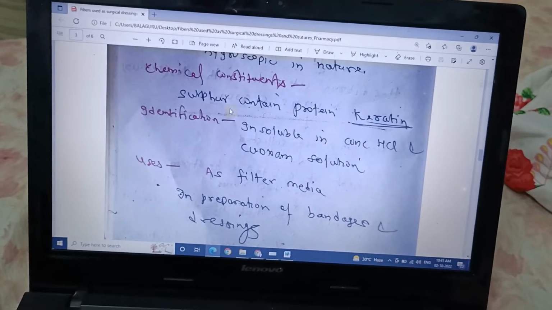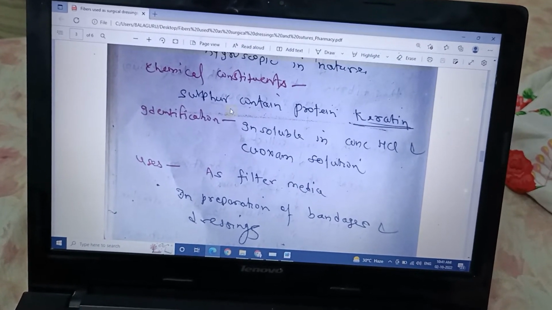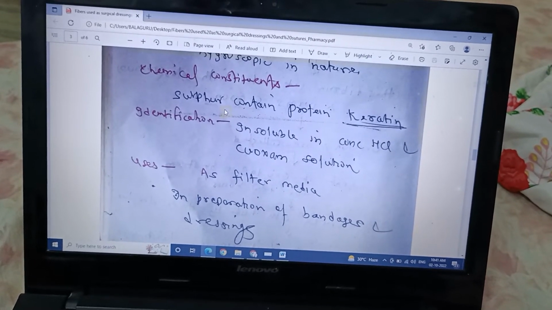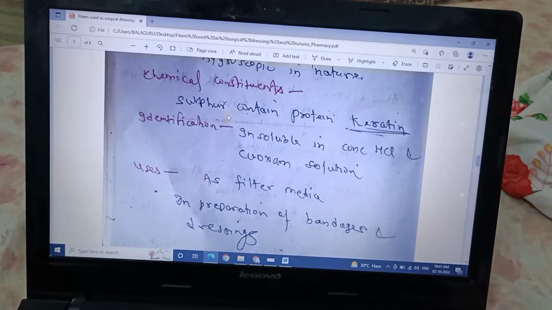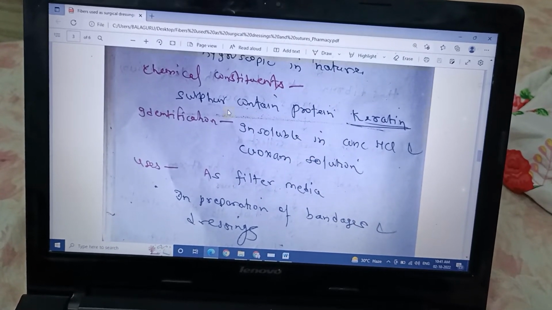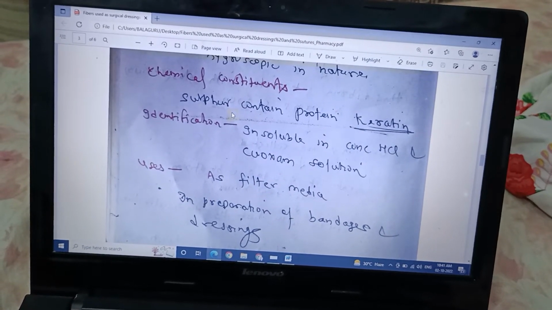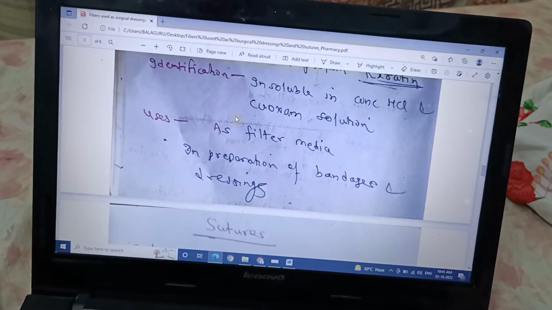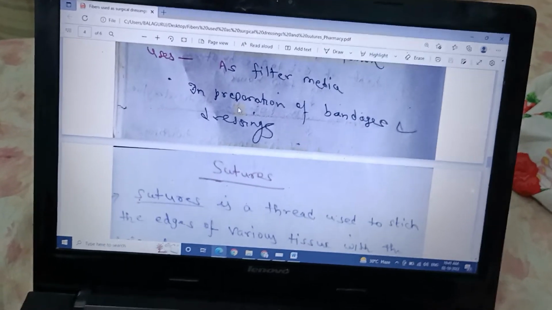Basically, hair is composed of keratin. For identification, wool is insoluble in concentrated HCl and cuoxam solution. The uses are as a filter medium and in the preparation of bandages and dressings.